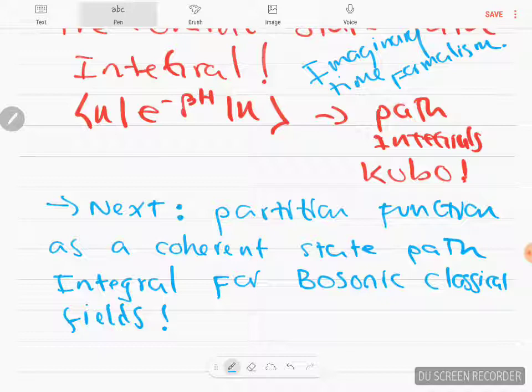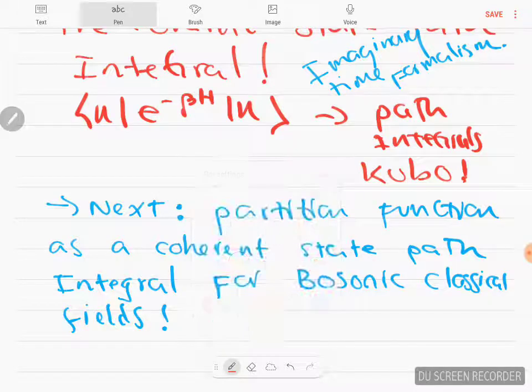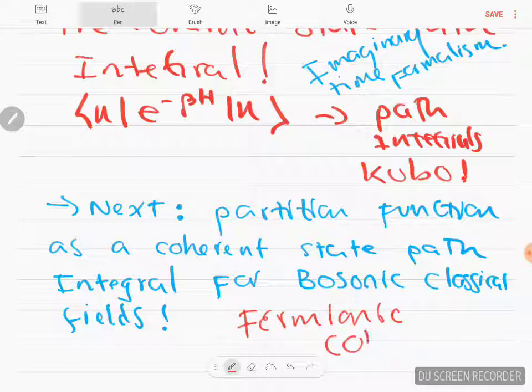Careful, because for fermions there is a whole other deal. Well, not another deal, but we have to construct quasi-classical states for fermions, that is, fermionic coherent states. That's not so straightforward, but you can take a look at it. And then we will come back.